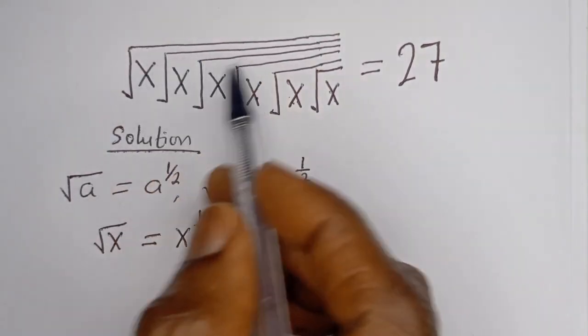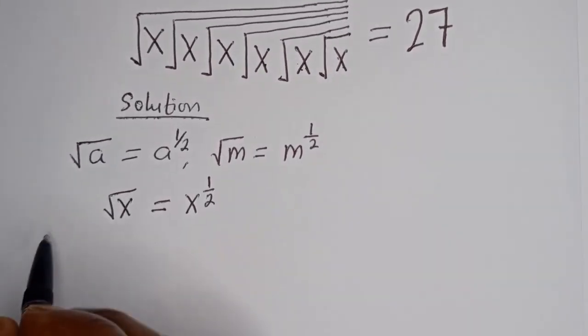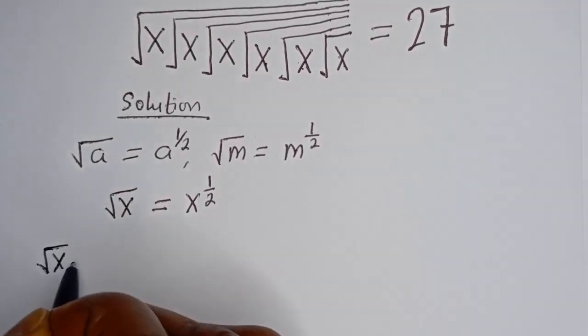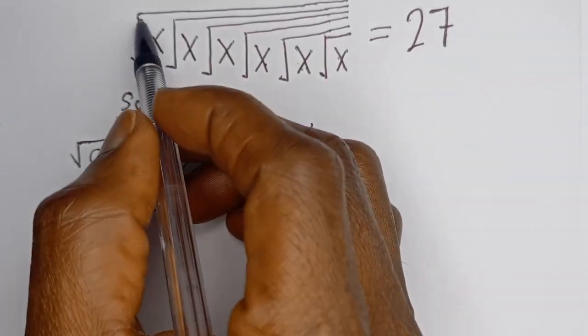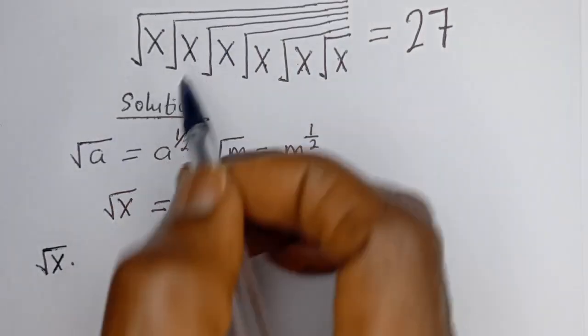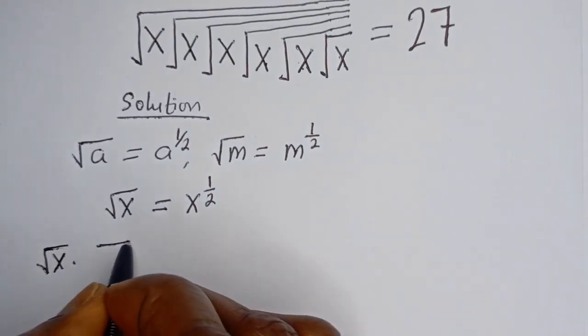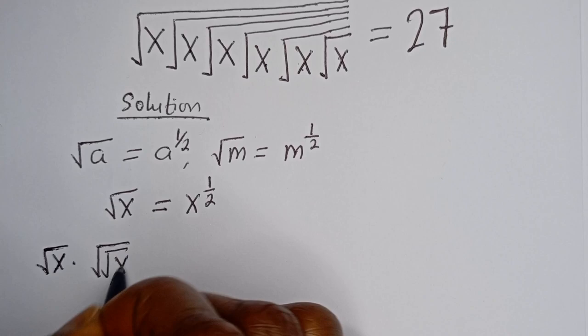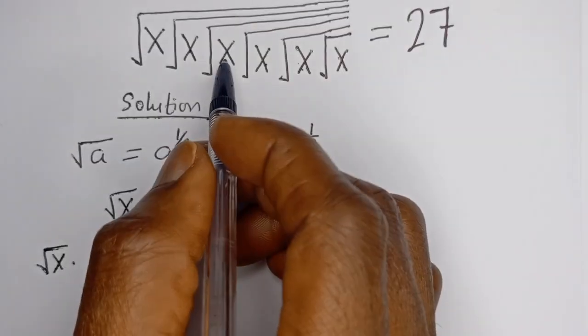The first square root of s is square root of s, multiplied by the second square root of s. We have square root of s multiplied by the third s.